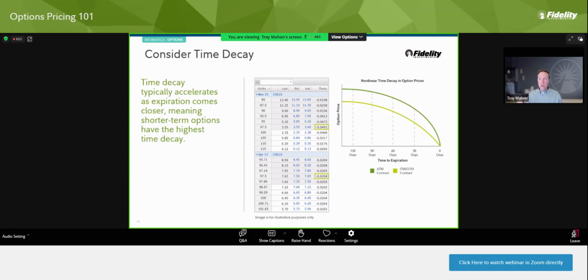If you are buying options, just be aware that a lot of the decay is happening in this time frame, so you've got to get the movement or the expectation change that you want because the clock is ticking. Option decay accelerates, and that's usually within that 30 to 45 day window. As a buyer, we want to be aware that time is working against us. As a seller, we want to use that knowledge to know that the most ideal time to sell options is typically within that 30 to 45 day window.